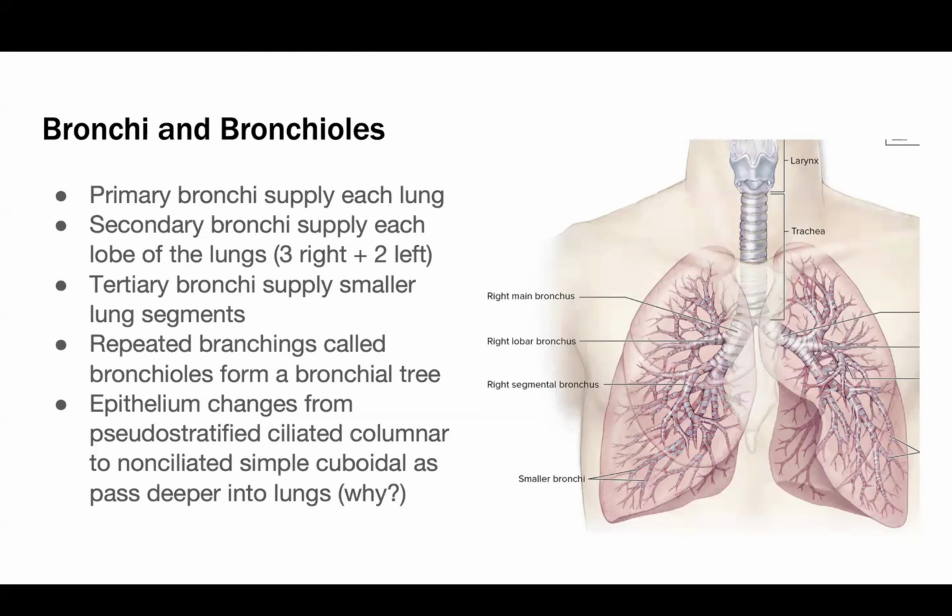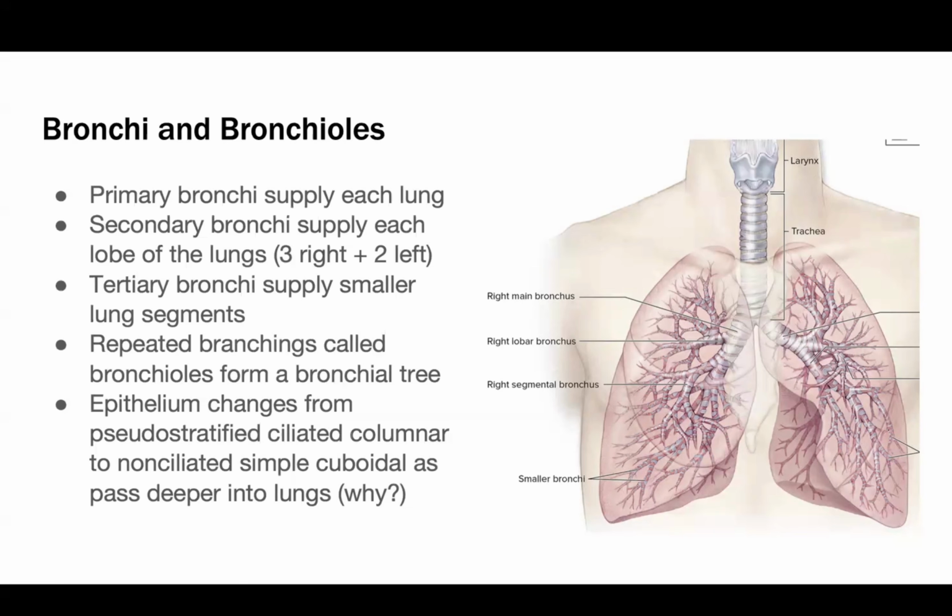Your primary bronchi are going to split again into secondary or lobar bronchi. There's one secondary bronchus for each lobe. If you count 3 lobes on the right, 2 lobes on the left, you've got 5 lobar or secondary bronchi in total. Tertiary bronchi are going to supply individual segments called bronchopulmonary segments. They're super small. Your tertiary bronchi are going to split further and further and further until they're bronchioles.